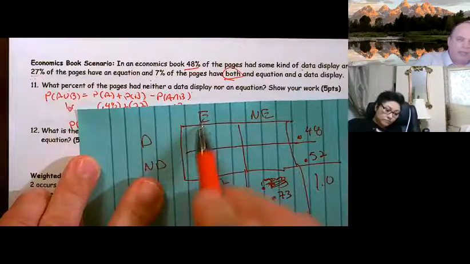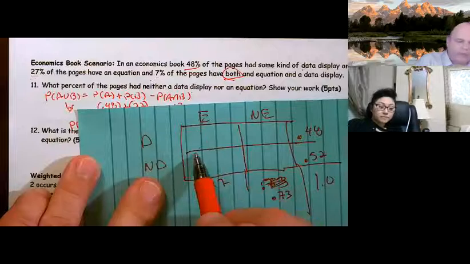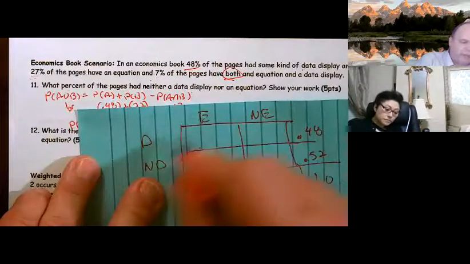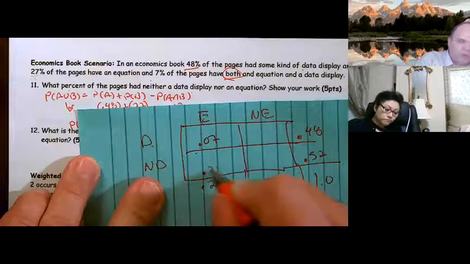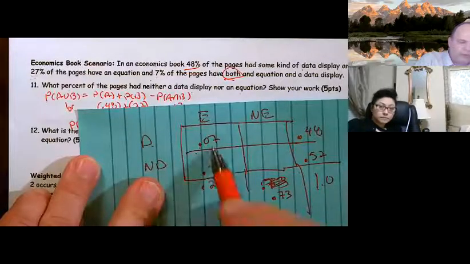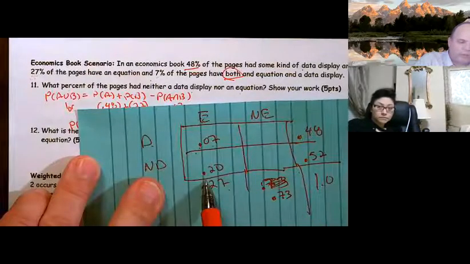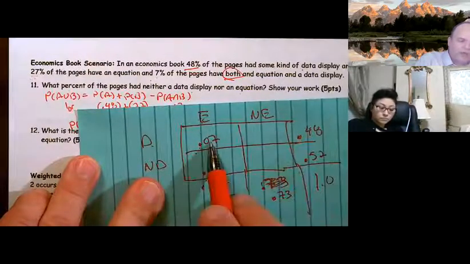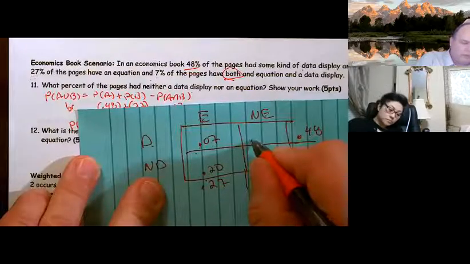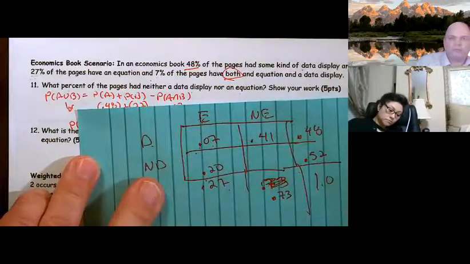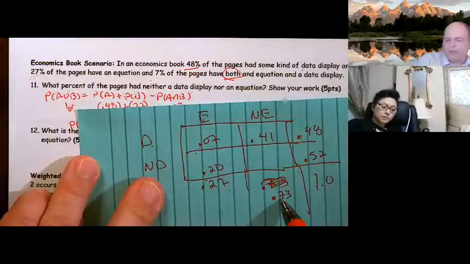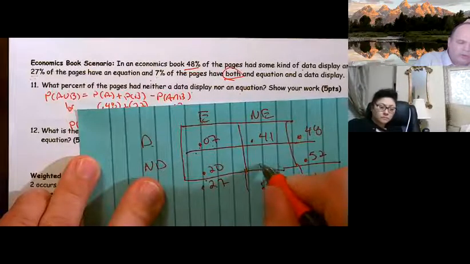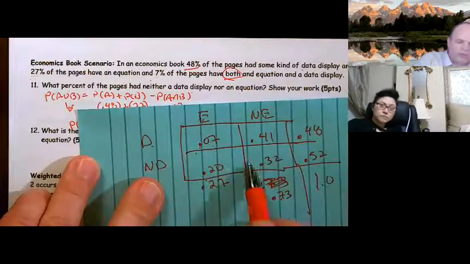Now, we know 7% of the time we have a data display and equation. So this is my intersection. So this becomes 0.20 because 27 minus the 7 is 20. 48 minus 7 is 41. And 73 minus 41 is 32, and this plus this equals 32.